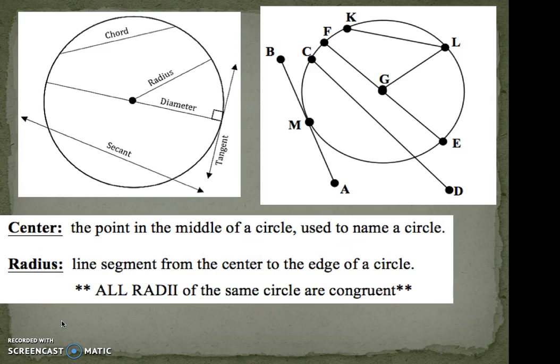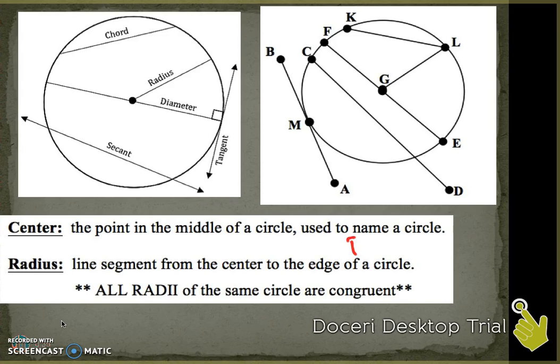So the center point of a circle is exactly in the middle. So right here in the middle. On our diagram over here, which we'll be looking at also, the center would be point G. So our center is point G. A radius is any segment going from the center of the circle to the outside edge.